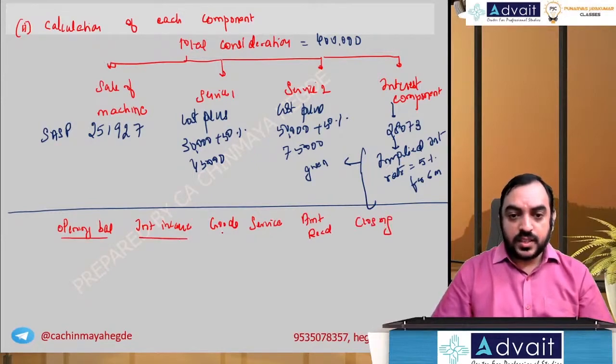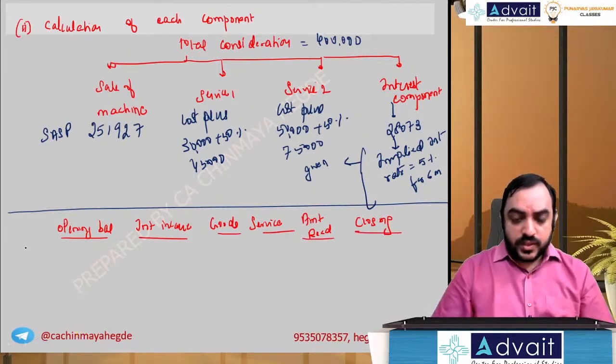This is the amortized cost method. We'll start from the first date, which is 1st of April 2018. Opening balance, nothing was there.